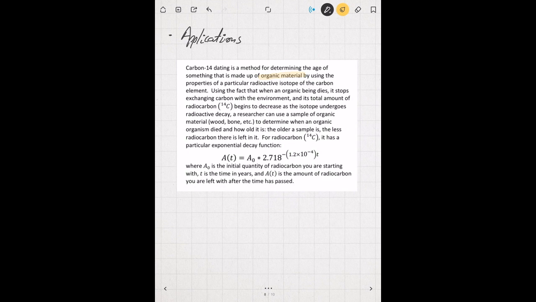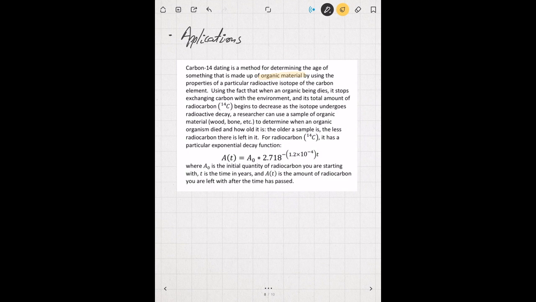Now, I think it's first important that we understand what organic material means. Organic material is a type of matter that is largely produced by a carbon-based compound. So I would say the majority of it is made up of some carbon building blocks.